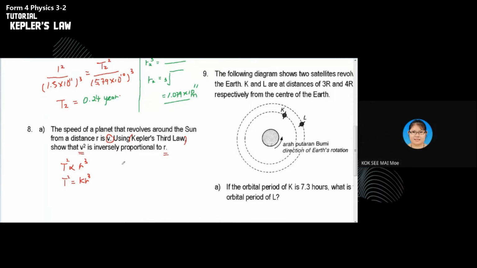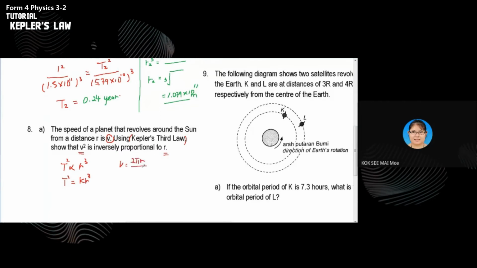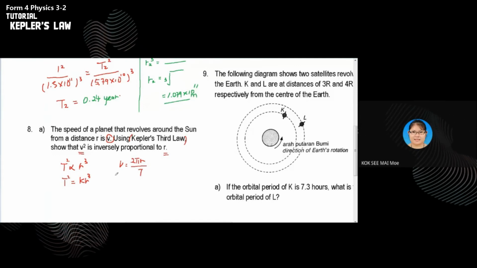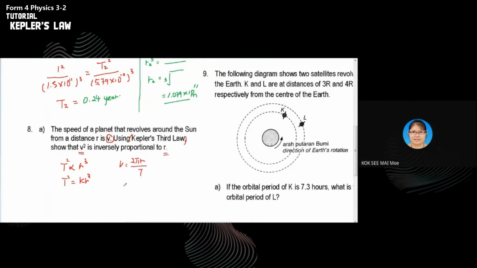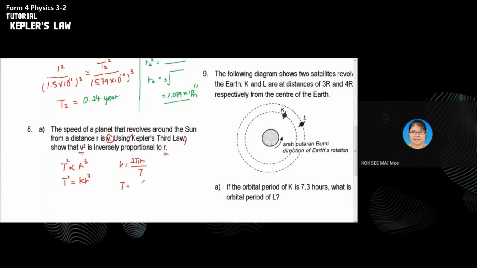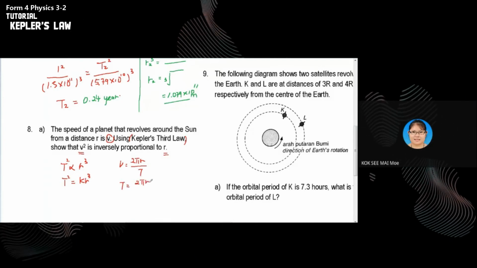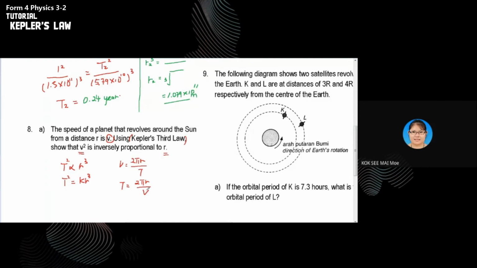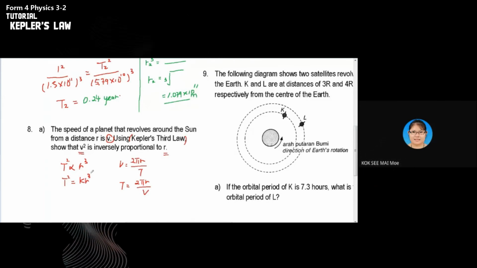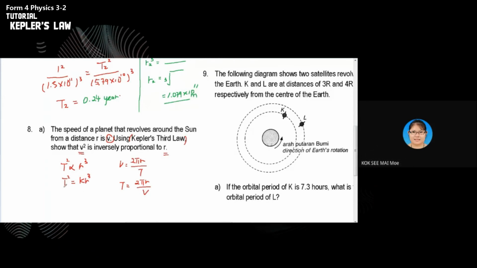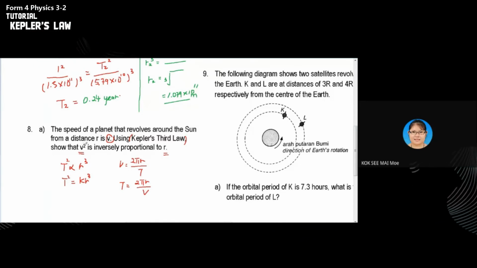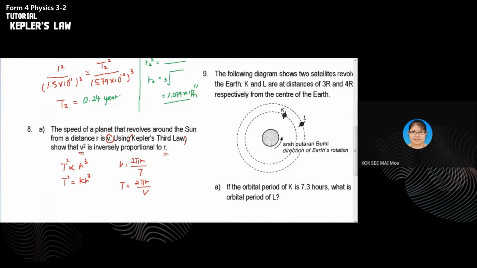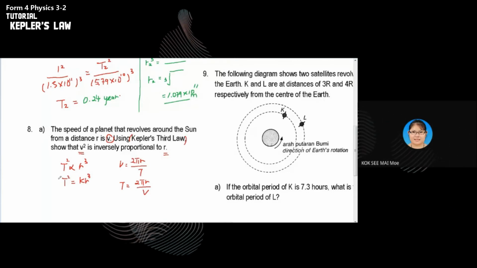Okay, remember we learned about v. V equals 2 pi r over T. So from here we know the v and r relationship. So we want to create the T here. T equals 2 pi r over v. So that means now Kepler's law, I want to take out T. I don't want T, because your final answer, I just want v and r relationship. So from here, I take the whole thing in.